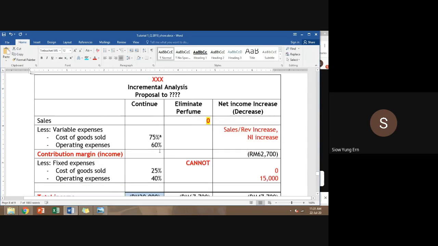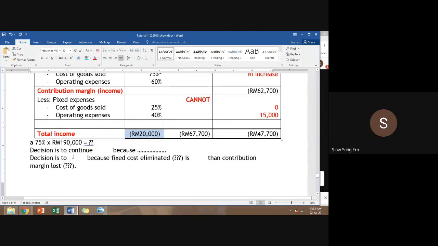Okay, so another way to write it is decision is to continue, because remember the decision rule?